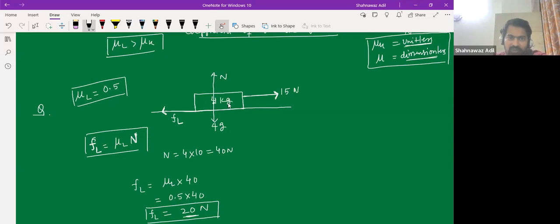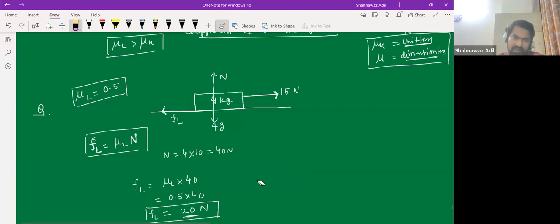So, will this object move? No, sir, it won't, because this is the maximum static friction that you can have. So the object will not move. Sir, it will move when it will be greater than 20, right? Absolutely right. Good.